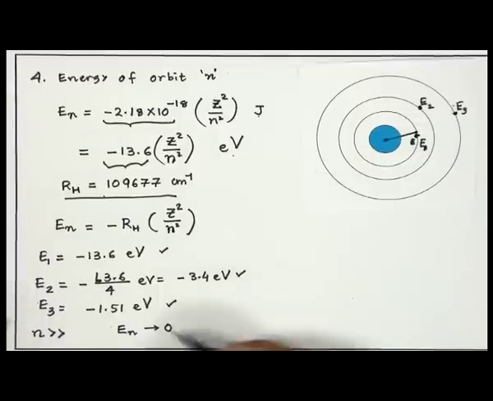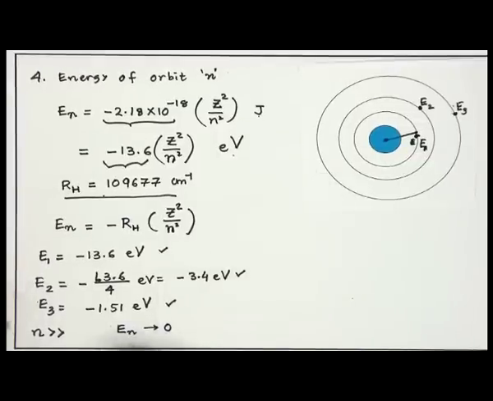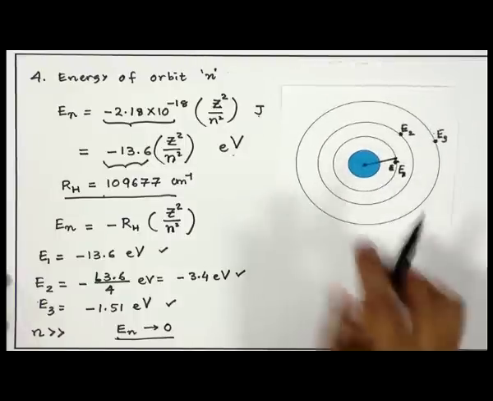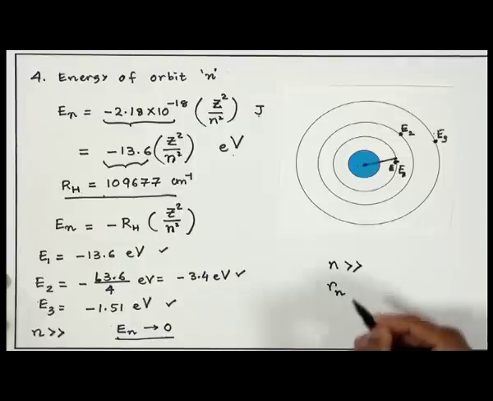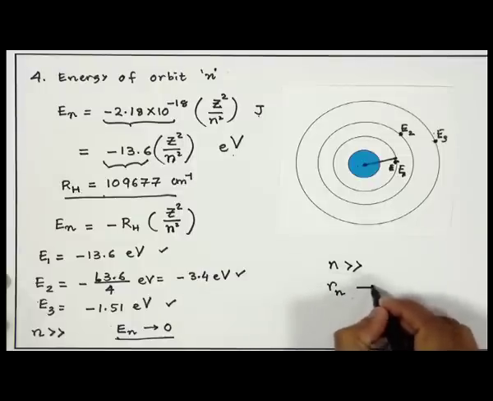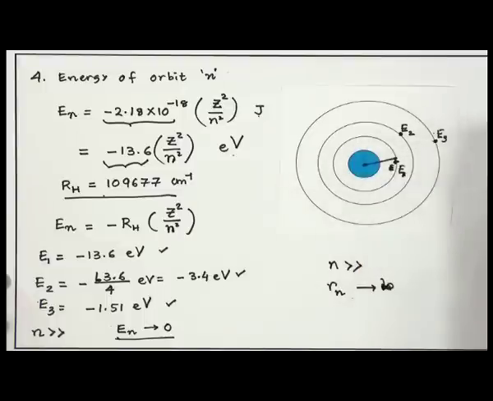And we see that as n goes to a very large number, the energy goes to 0. What does that mean? That means that when n is very large, if you remember the expression for R n, it goes to infinity. That means the distance between the nucleus and electron is very high, and the energy of the electron is nearly 0.